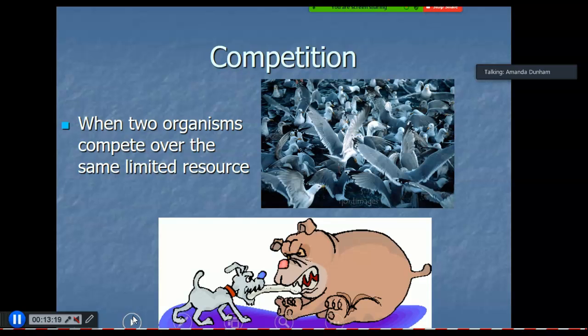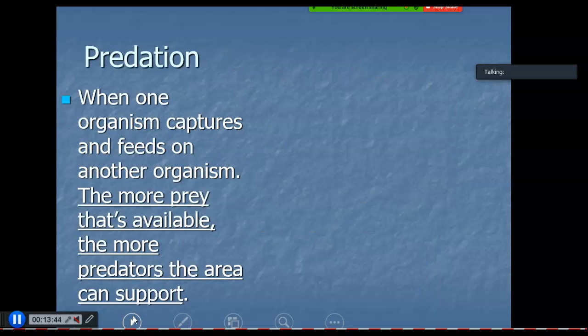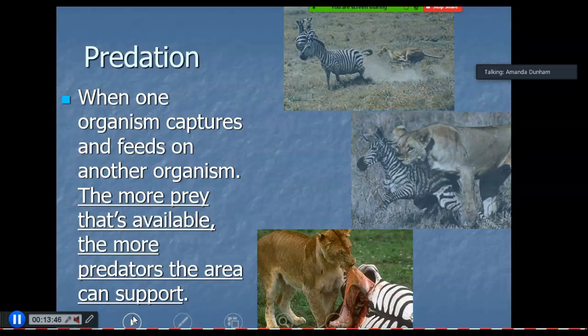Competition is when 2 organisms compete over the same limited resource. Predation is when an organism captures and feeds on another organism.